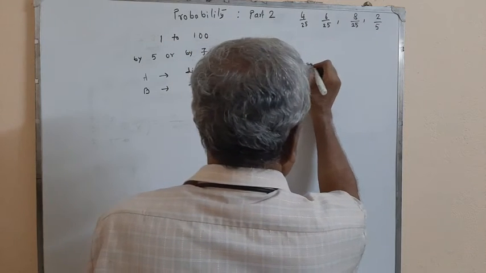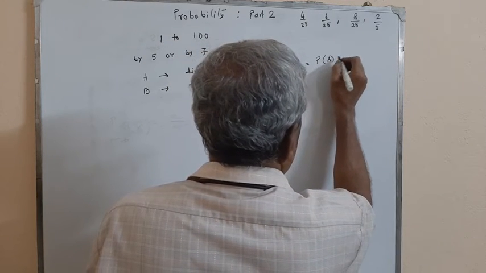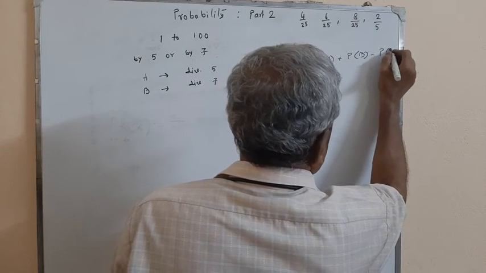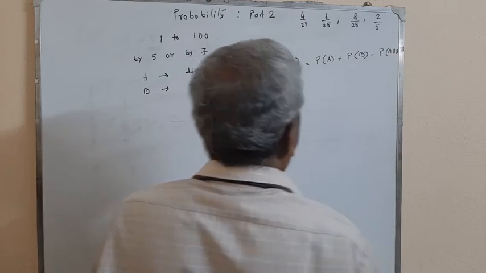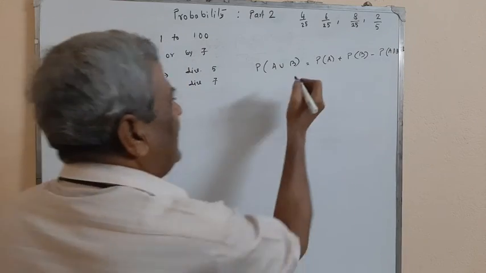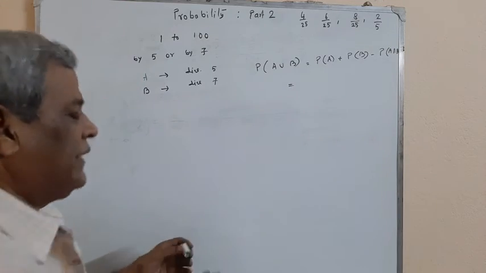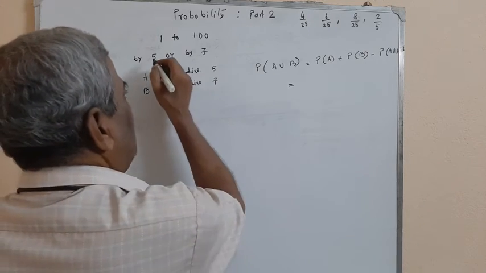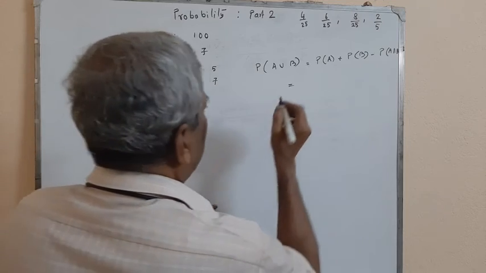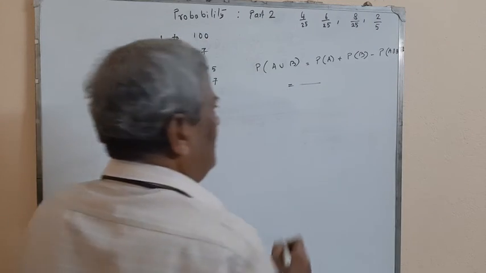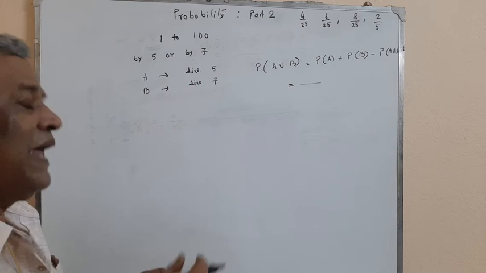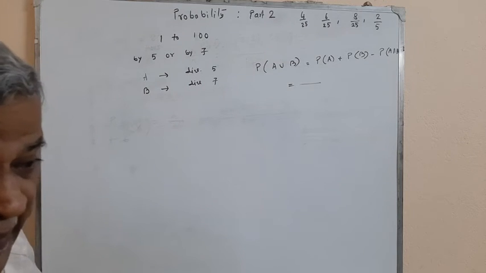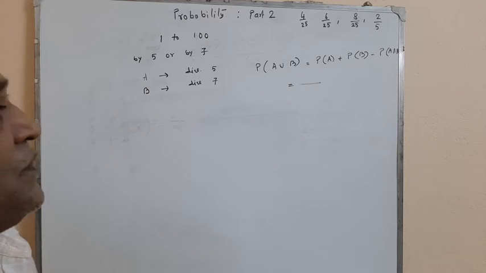Formula is P(A) plus P(B) minus P(A intersection B). Now let us find probability of A, that it is divisible by 5. Formula is m by n. n means all possible cases, that is the sample space.